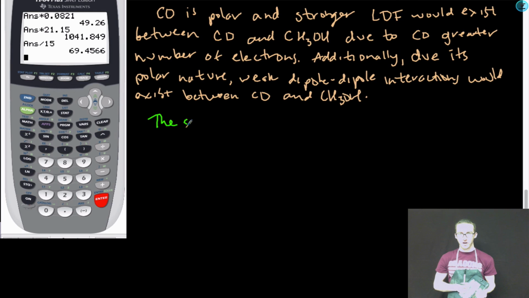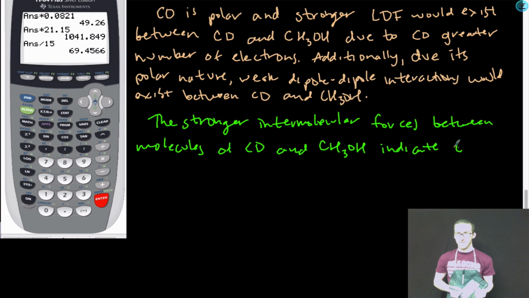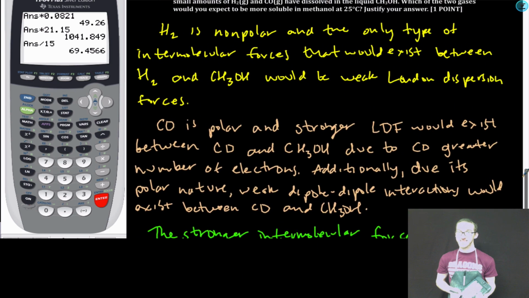The stronger intermolecular forces between molecules of carbon monoxide and methanol indicate that carbon monoxide would be more soluble in methanol than hydrogen. Boom.